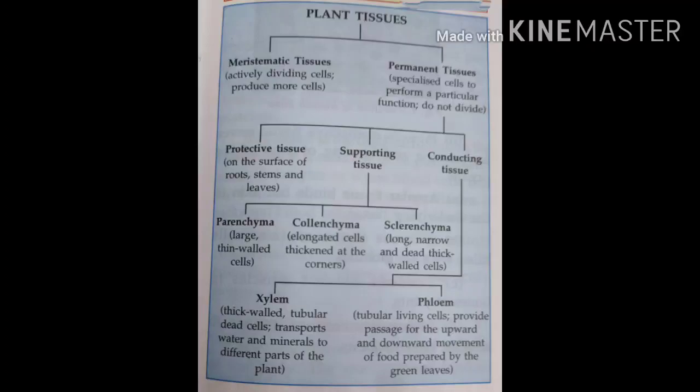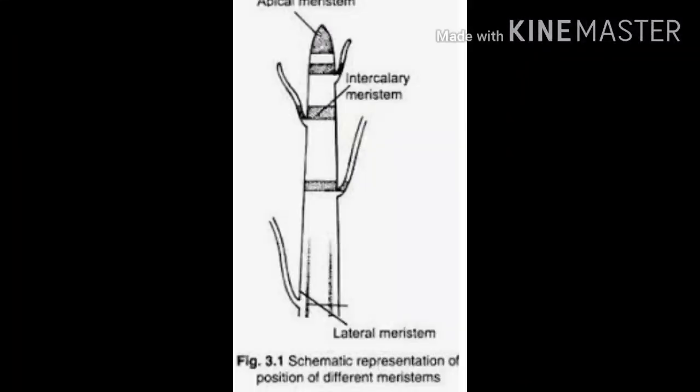Clear? So now, first, the structure of meristematic tissue. Meristematic tissues are made up of actively dividing cells. Clear? The function is to produce more cells, leading to the growth of the plant body. Clear?